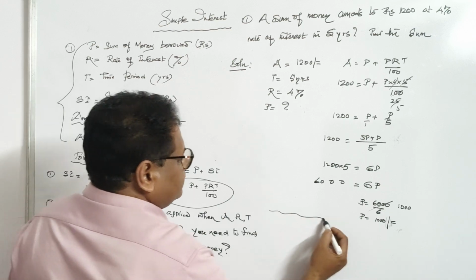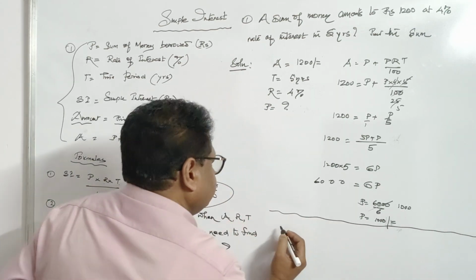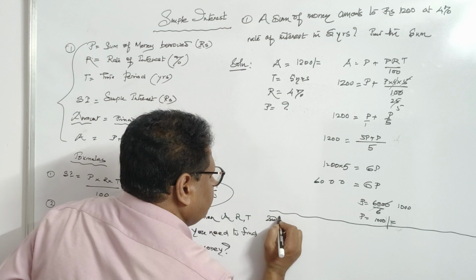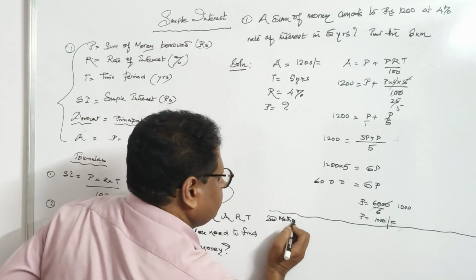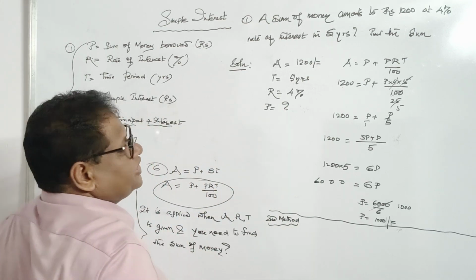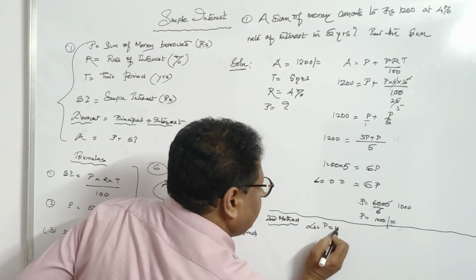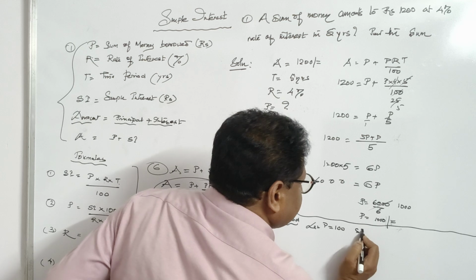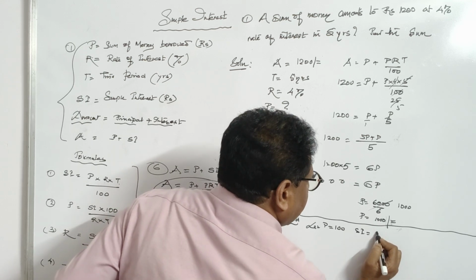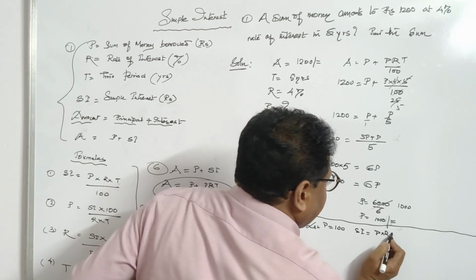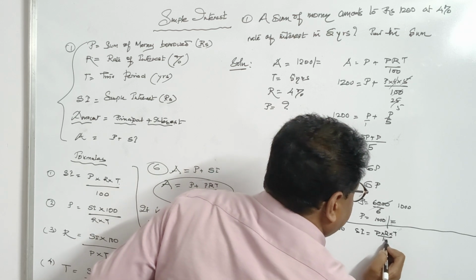The second method. The same question. Now we are doing it by taking the principal as 100. Let P equal 100. Then the SI, simple interest, will be principal into rate into time by 100.